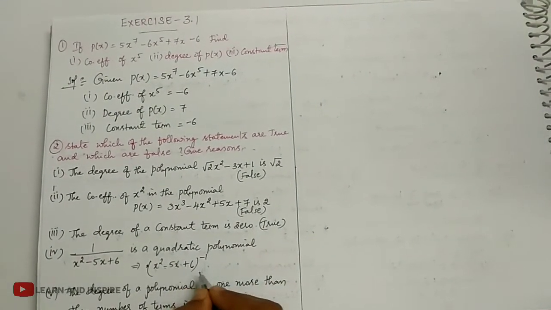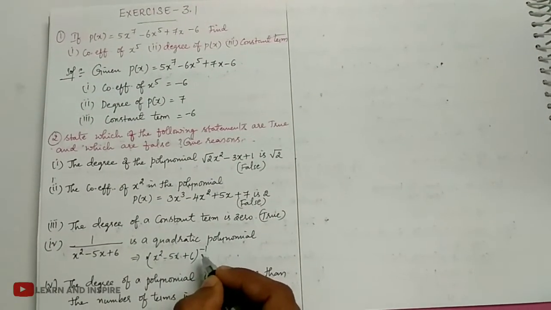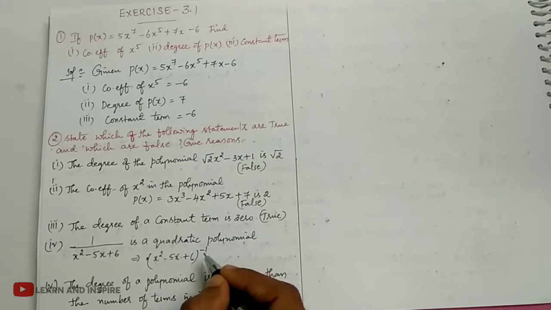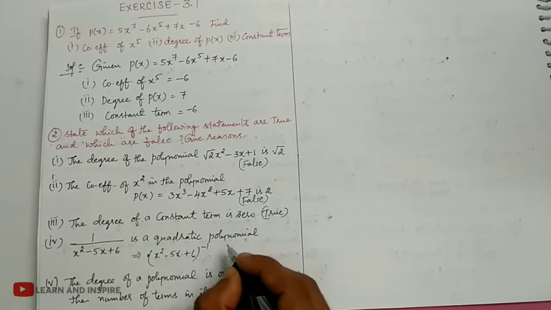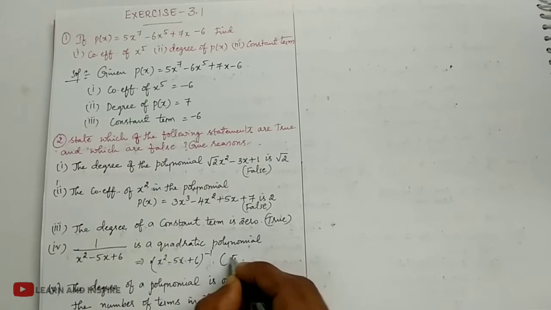Here the degree is minus 1. The exponent should always be a non-negative integer, but here it is a negative integer. So it is not a polynomial. So the statement is false.